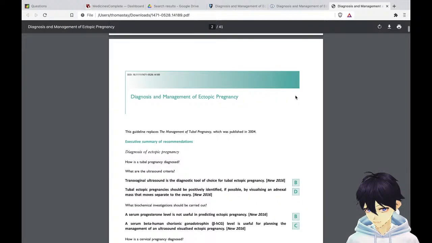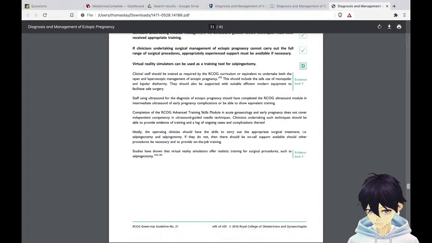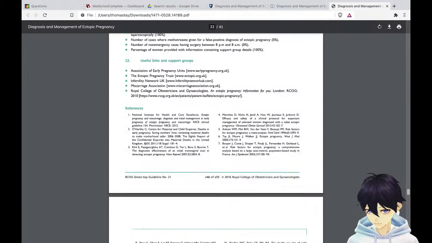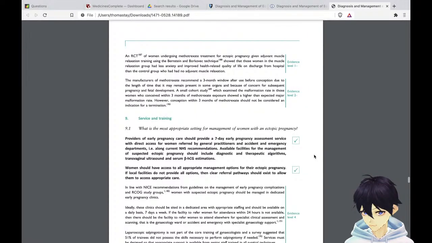No, doesn't look like there's an appendix of flow charts.